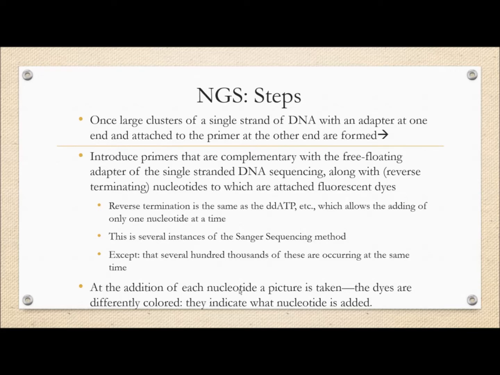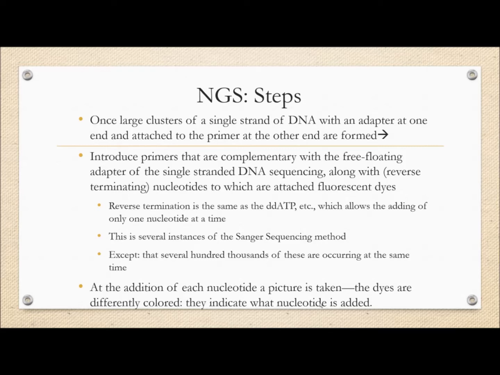At the addition of each nucleotide, a picture is taken, and the color of the picture tells you which nucleotide is added because they fluoresce differently. The dyes are differently colored, so they fluoresce at a different wavelength.